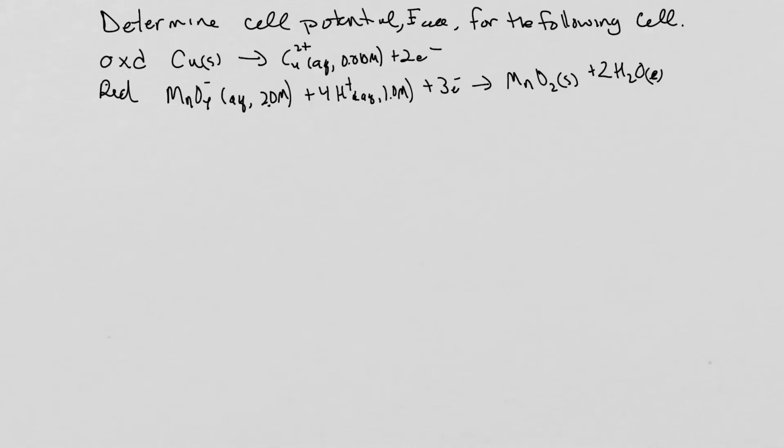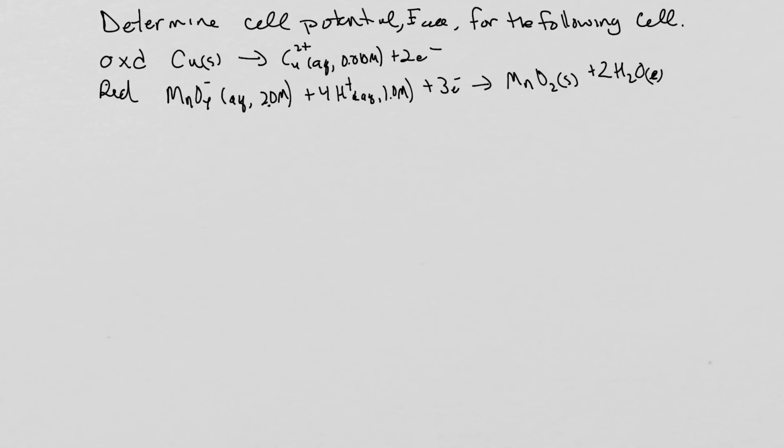Okay, so now let's look at a problem under non-standard conditions. The problem we're given here asks us to determine the cell potential, or the E cell, for the following cell using the following half reactions. So we have an oxidation process of copper being oxidized to copper 2 plus plus 2 electrons.